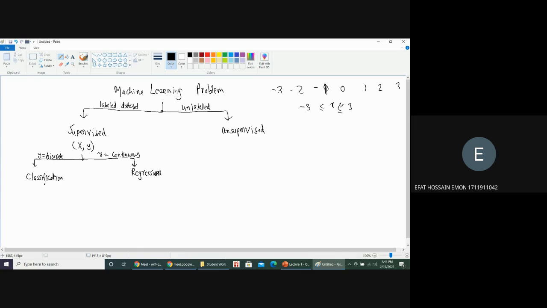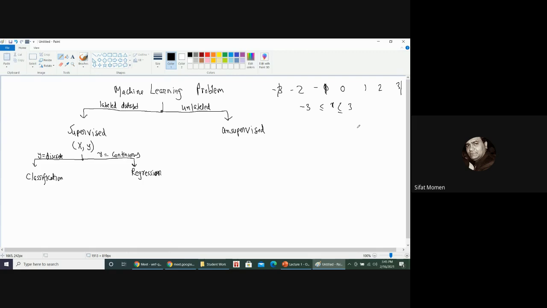Continuous. So first of all, both discrete and continuous have a range. Continuous has a range of -3 to +3, but what is the difference? With discrete, you can only pick some set of values within that range.